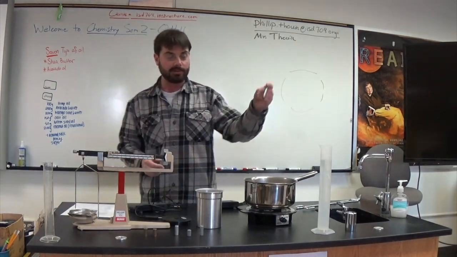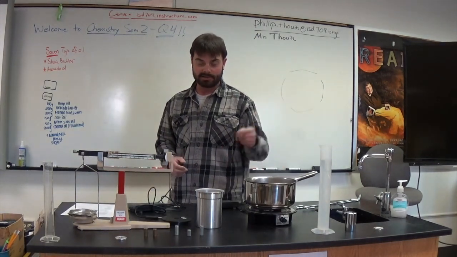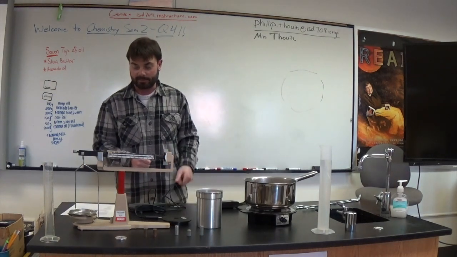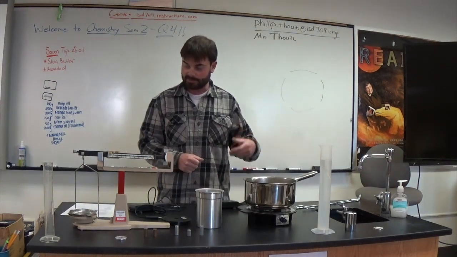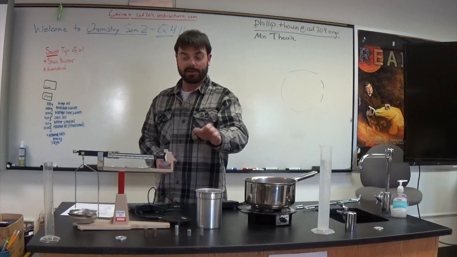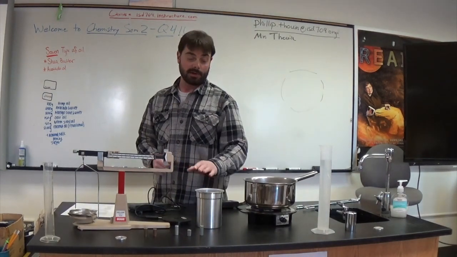Then we will mix some of these items together. For example, I'm going to put the aluminum inside of this boiling pot of water, and I'm going to get an initial temperature for the metal and an initial temperature for the water.